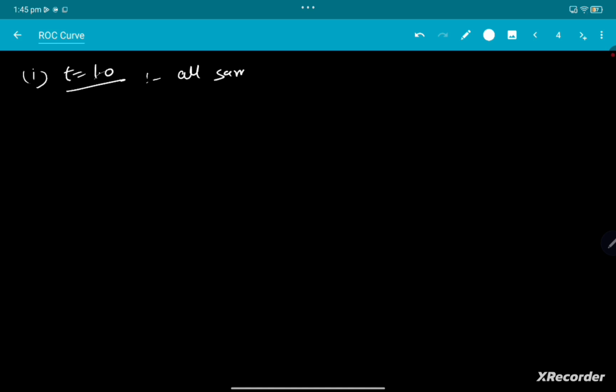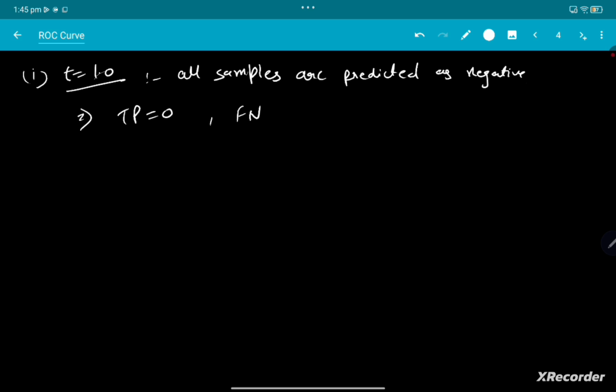So it means your true positive will be 0, your false negative will be 2.